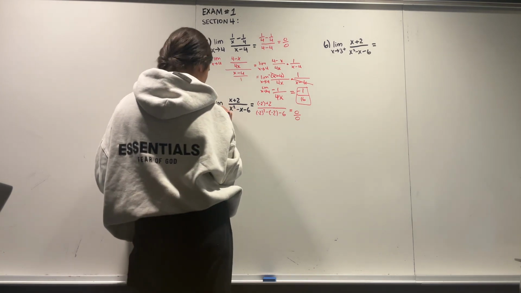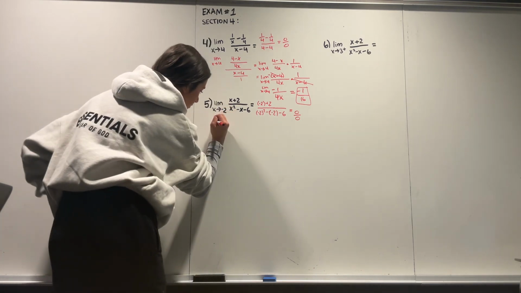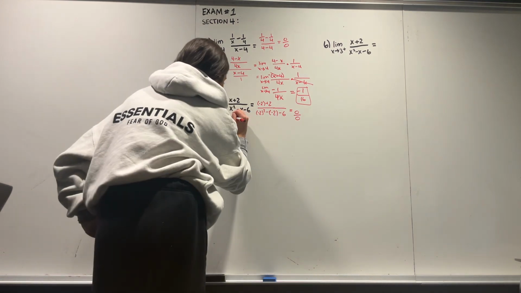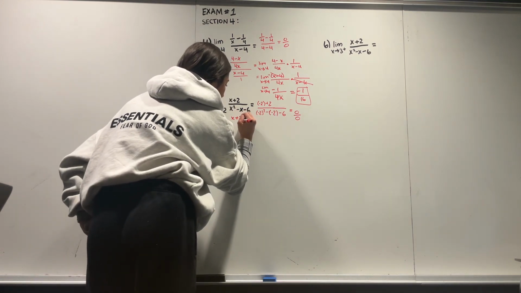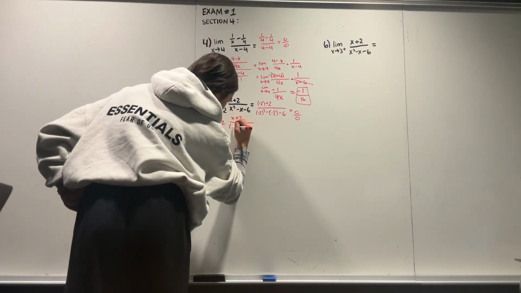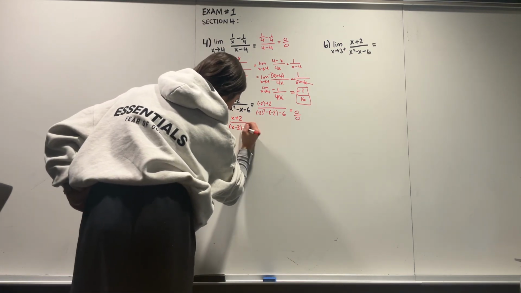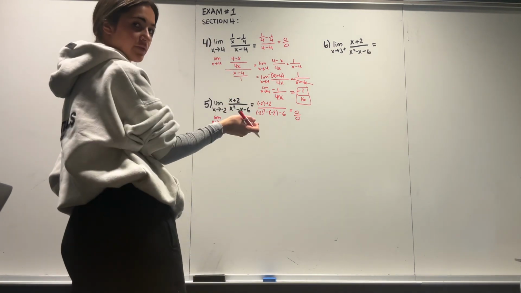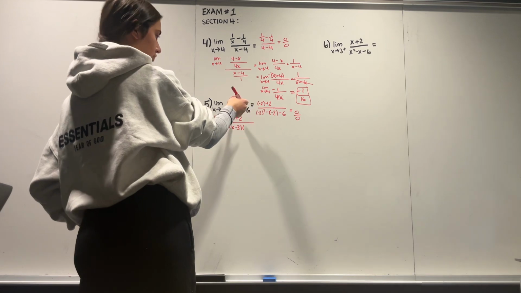So we're going to carry the limit again. Limit as x approaches negative 2. And we're going to keep the top, because you can't really take anything out there. But for here, we're going to factor it to x minus 3. And then we're going to need a plus. So what multiplies to negative 6 and adds to 1?